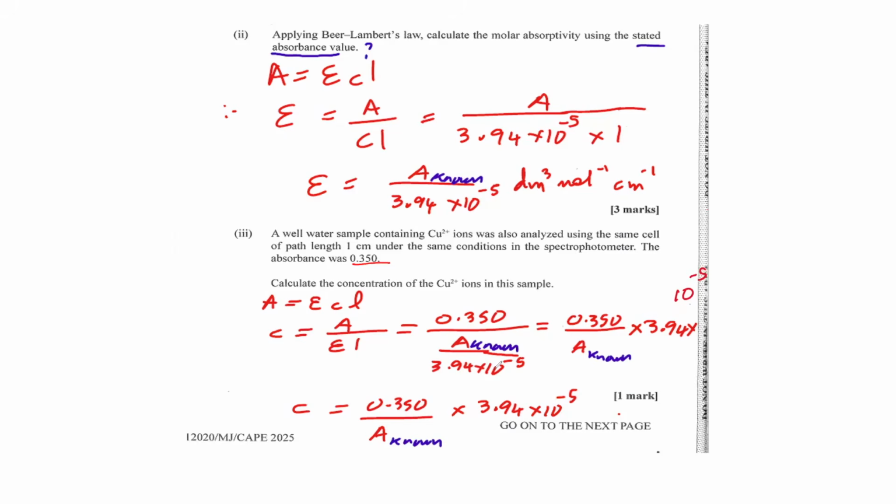And so we simplify that by saying 0.350 divided by A times the concentration, which is times 10 to the minus 5. And so our concentration is equal to 0.350 divided by A, which was supposed to be known, times the concentration. And if we had known or been given the value for the absorbance in part 2, we would get a single value, and our concentration would be in moles per dm cube.